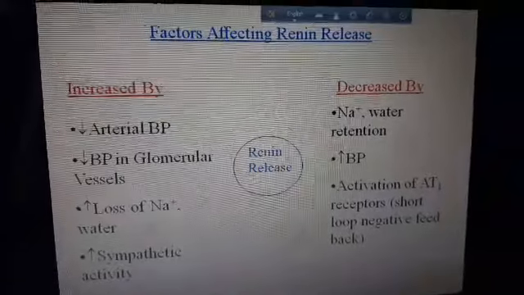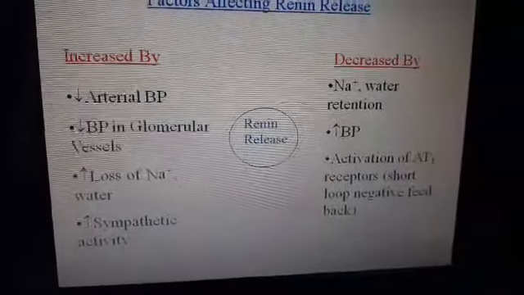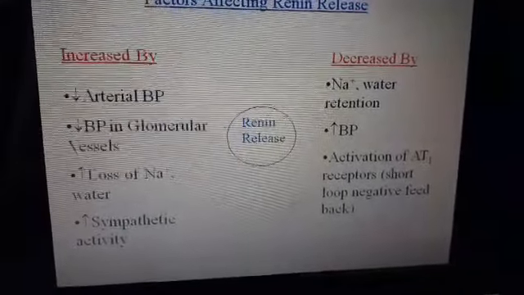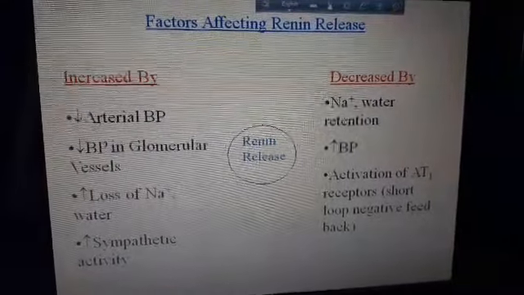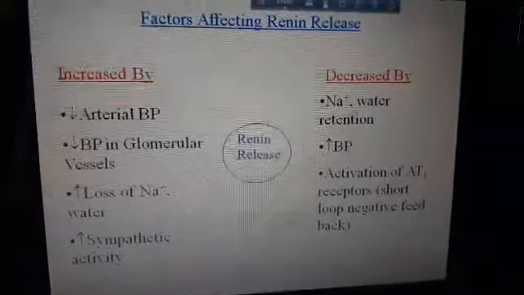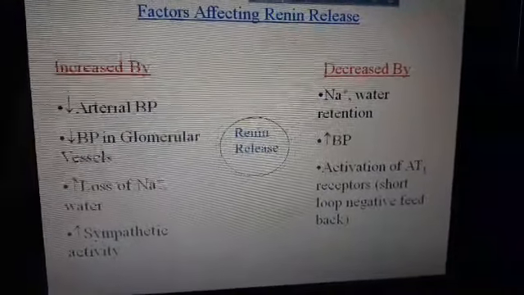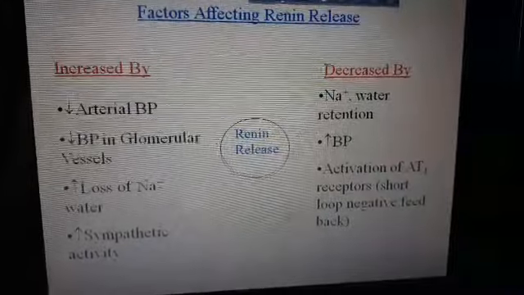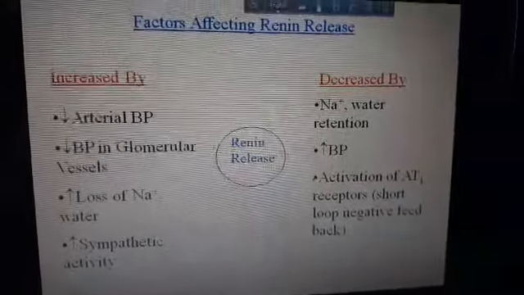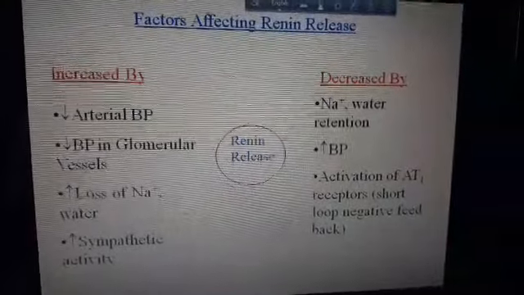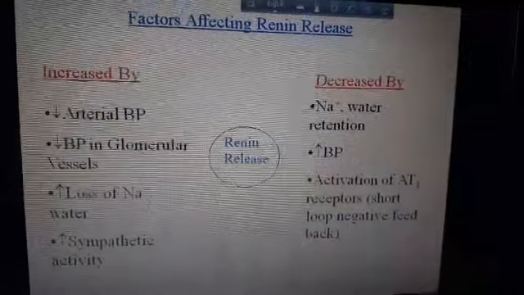Renin release is enhanced when there is hypotension, decreased arterial BP, decreased BP in the glomerular vessel, and increased loss of sodium and water, because renin tries to conserve sodium and water. Increased sympathetic activity also causes increased renin release.